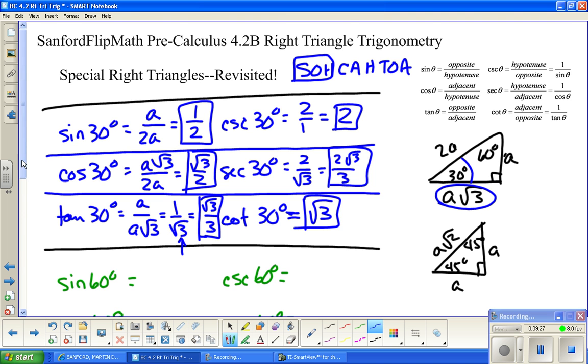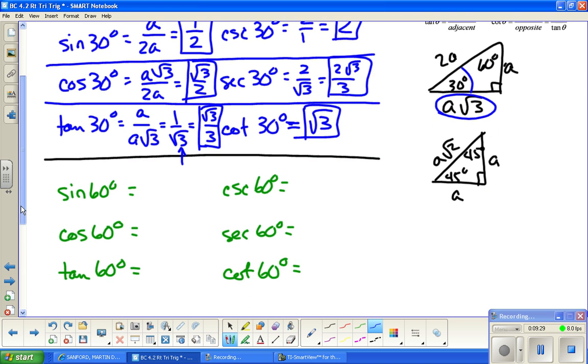For 60 degrees, it is very, very similar. It's just you're starting with sine of 60, 60's here, so opposite over adjacent. These A's are going to cancel out every single time, so actually most people don't even write them. So just, you know, this would be 1.